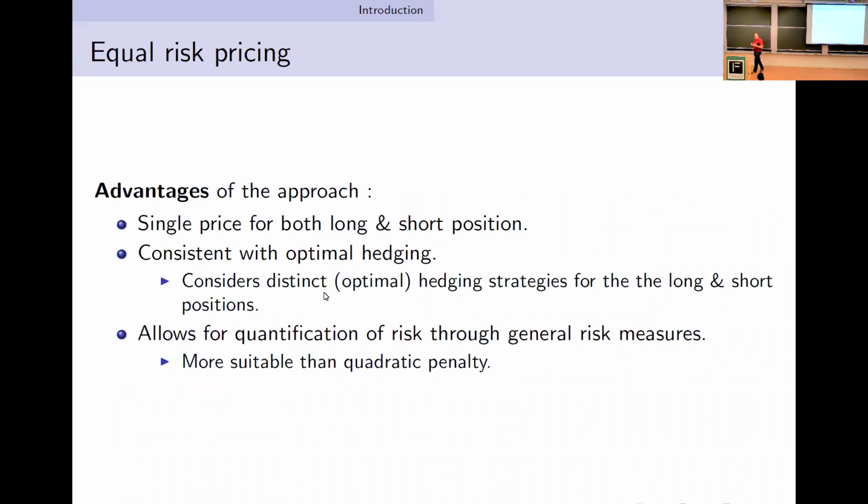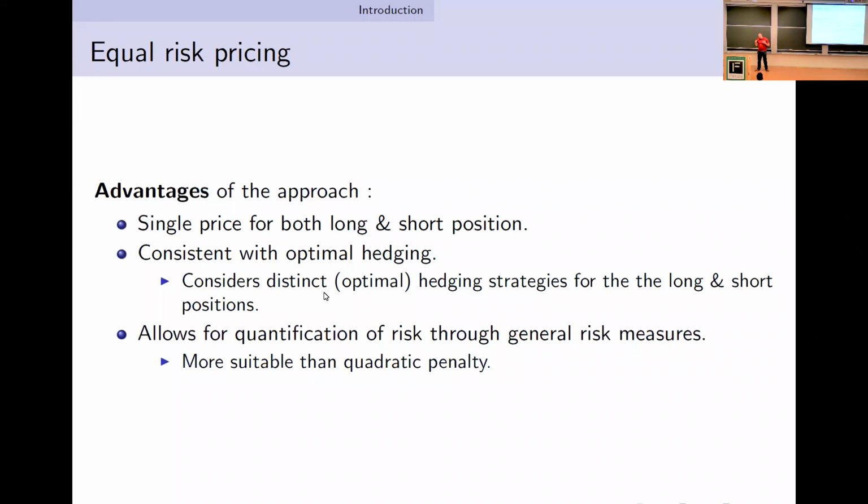Okay, so what are the advantages of this approach? Well, first, we have a single price for both the long and the short position. Second, this methodology produces prices that are consistent with optimal hedging methodologies.